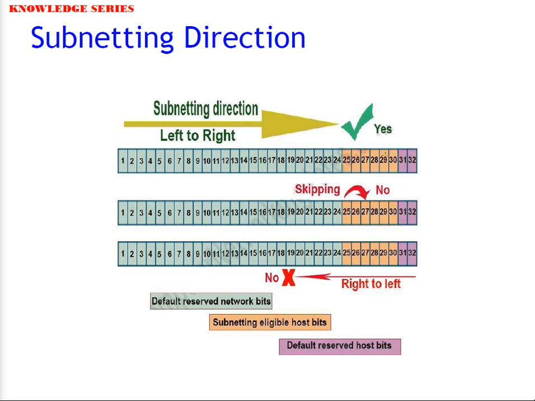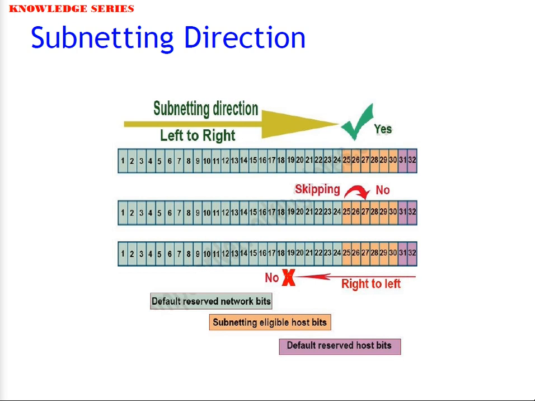Now here we cannot directly jump to this place and say that the subnetting should start from this bit. No, it will start from this place, 25, 26, 27, 28, 29, 30. So this is what you call eligible subnetting host bits, and the remaining is the default reserved bits.